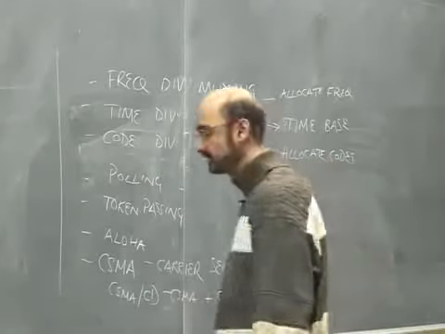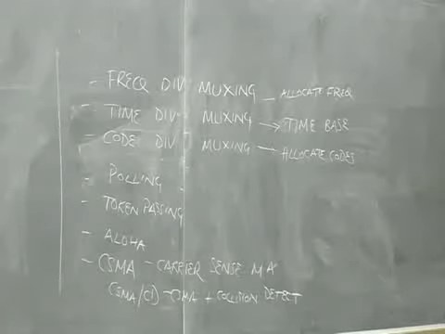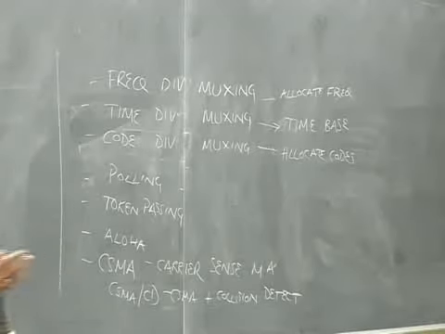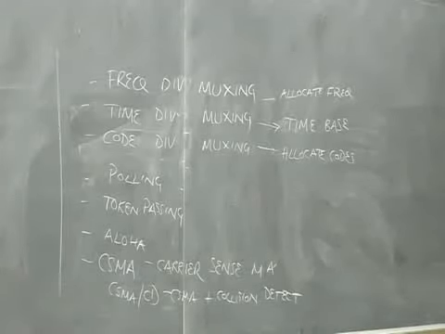This is CSMA plus collision detect. And what this means is that we are going to listen. If we hear nobody, we can start. And if what we hear is not what we said, it's because somebody else started speaking at the same time. That means we have a collision, in which case we both stop, back off, and try again.